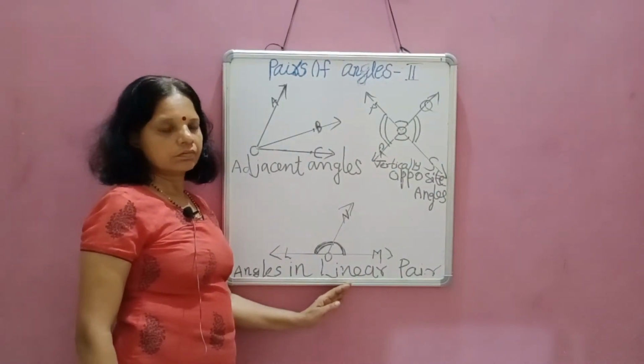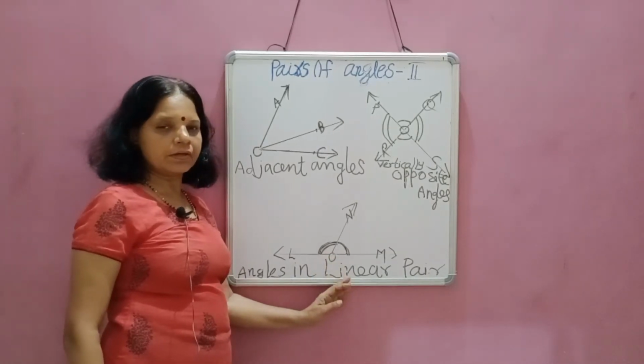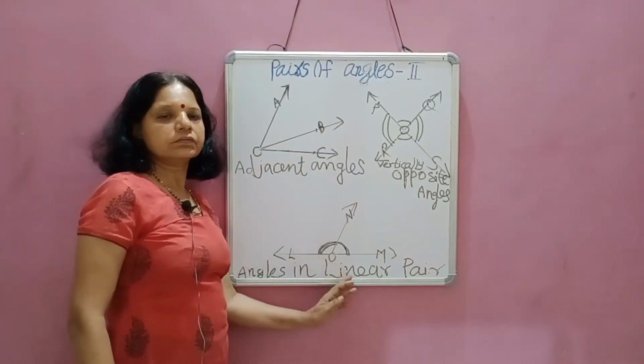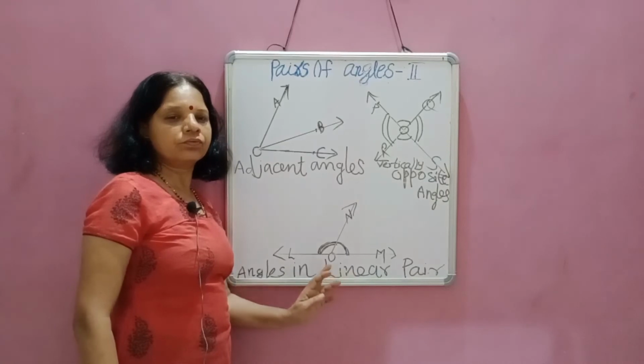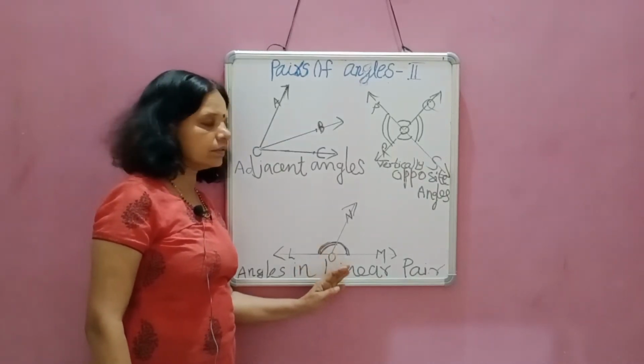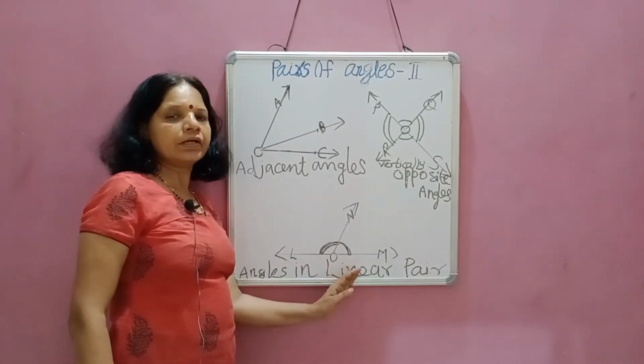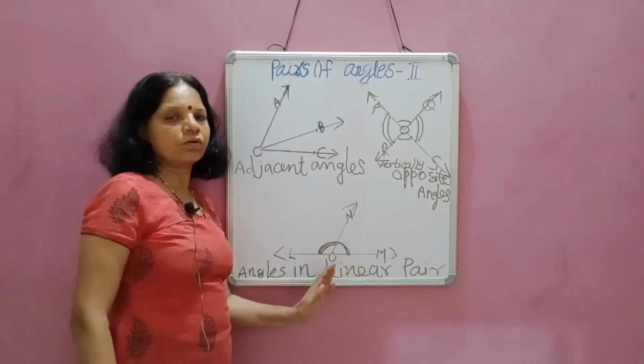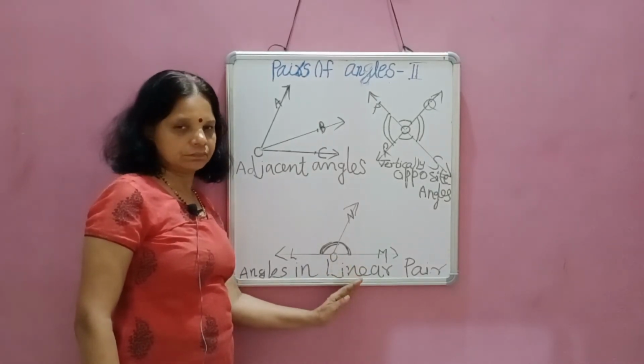Clear? What is angles in linear pair? The non-common sides of two adjacent angles form a line or opposite rays.